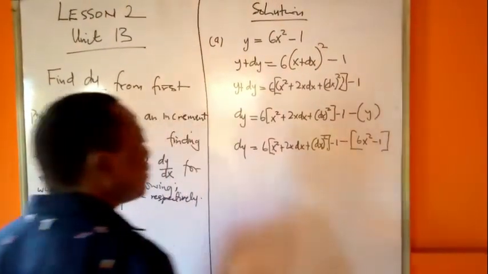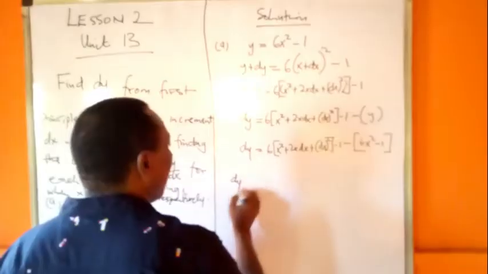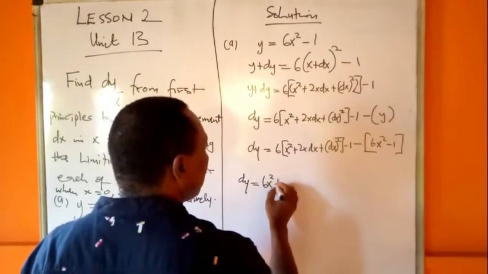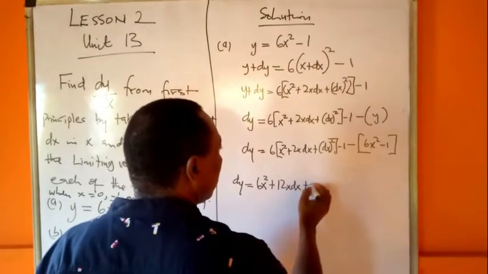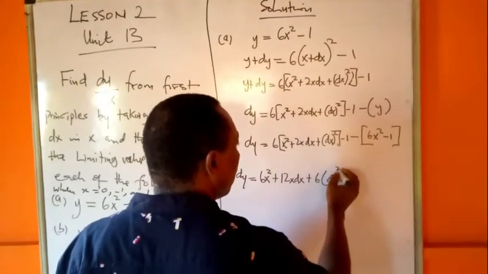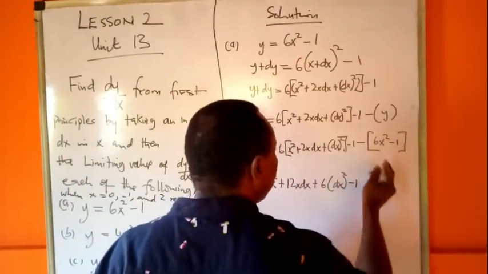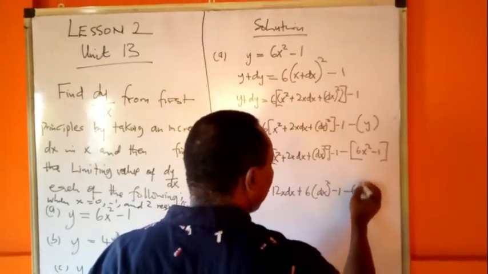So let us expand and see what we have. Then delta y is equal to 6x squared plus 12x delta x plus 6 delta x all squared, minus 1. Now expand this one, minus 6x squared.